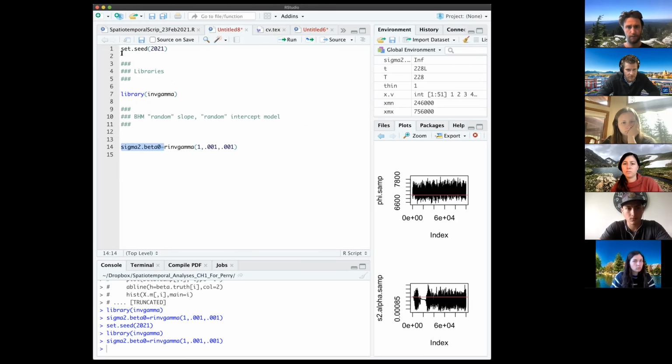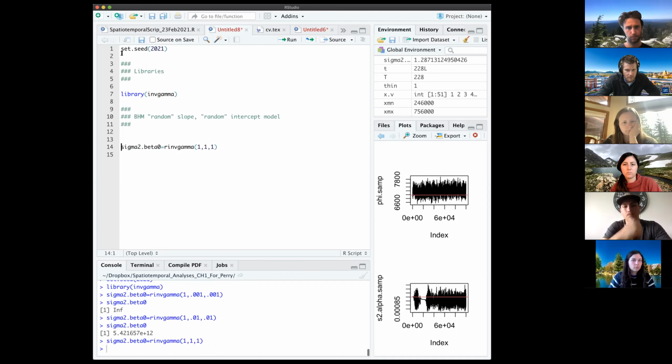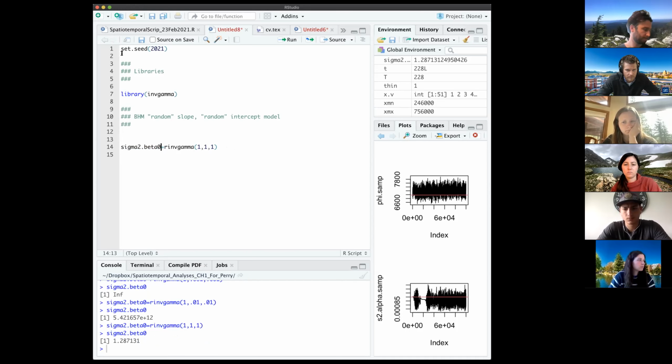So for sigma 2 beta 0, I got infinity. Okay, not a great start. Too big. And I'm going to set these as true parameters because I want to call them back later to make sure everything is working.